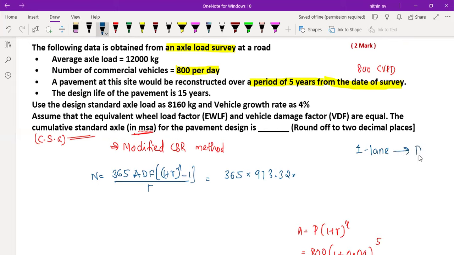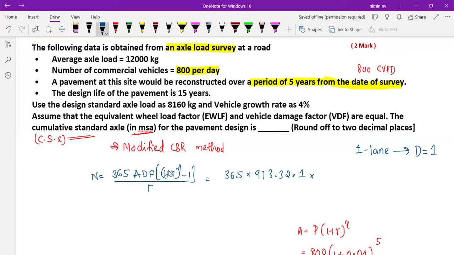And we know that the lane distribution factor for a single lane road is nothing but 1 or 100%. So since the data is not available in the question, we are assuming like that and moving forward. D is equal to 1. That's it. The next thing is F, nothing but the vehicle damage factor, which is also an unknown.